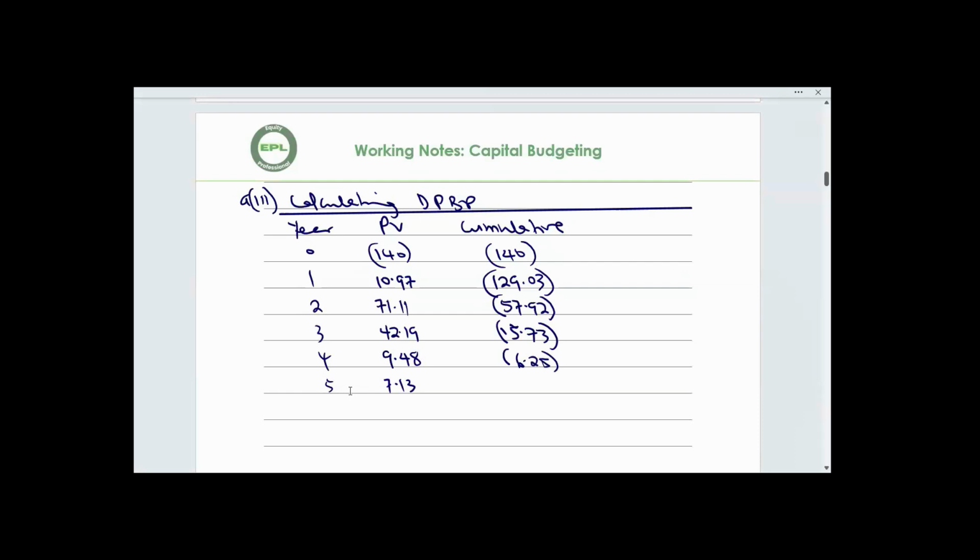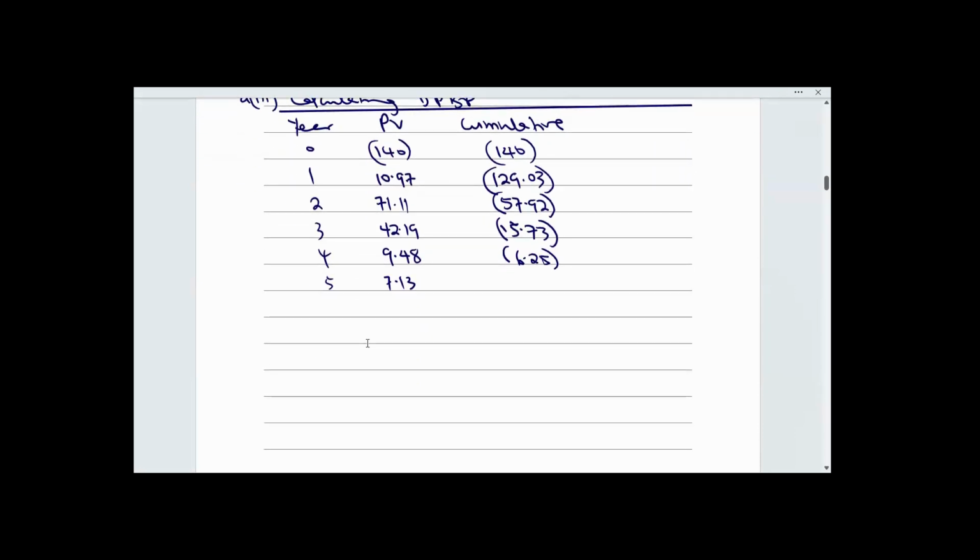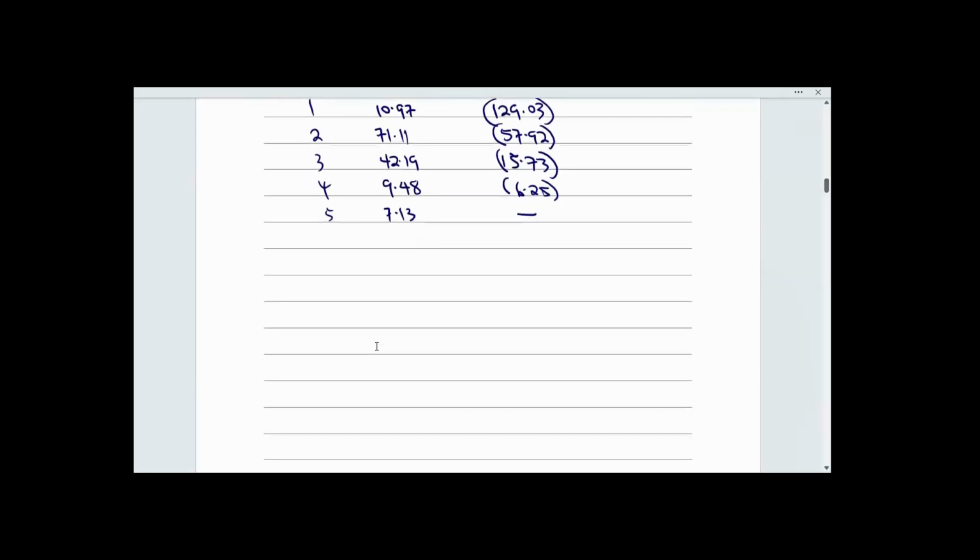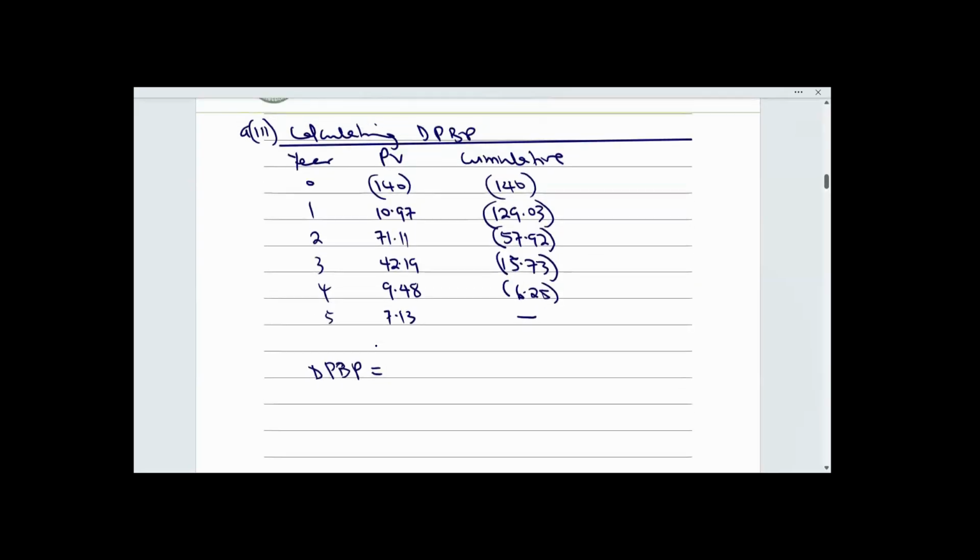So when you get to a point where your outstanding balance is less than the next cash inflow, you put a dash and you calculate the discounted payback period. In this case, we have recovered 4 years. All right, so here will be 4 plus the outstanding balance of 6.25 over the next cash inflow of 7.13.